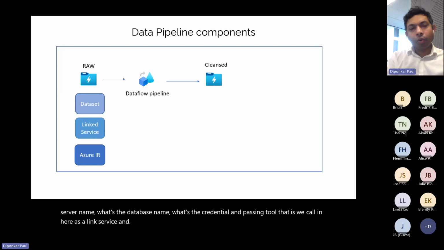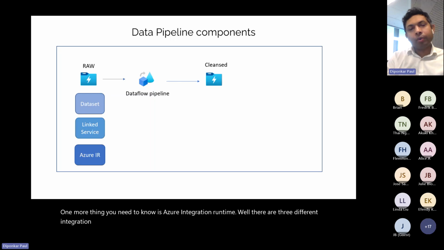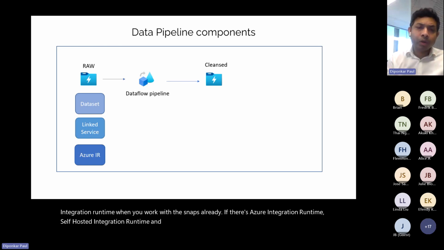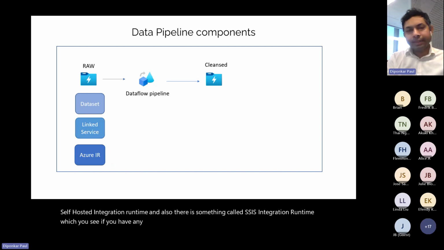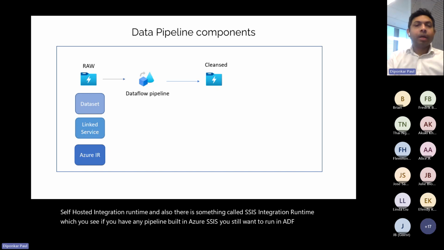One more thing you need to know is the Azure integration runtime. There are 3 different integration runtimes when you work with Synapse or ADF: Azure integration runtime, self-hosted integration runtime, and also something called SSIS integration runtime, which is if you have any pipeline built in SSIS, you still want to run it in ADF, then you can use that one.